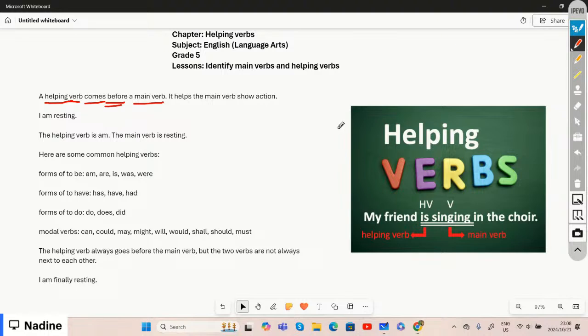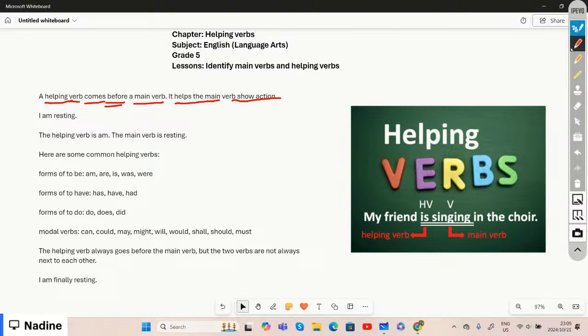And the helping verb that comes before the main verb helps the main verb to show action.